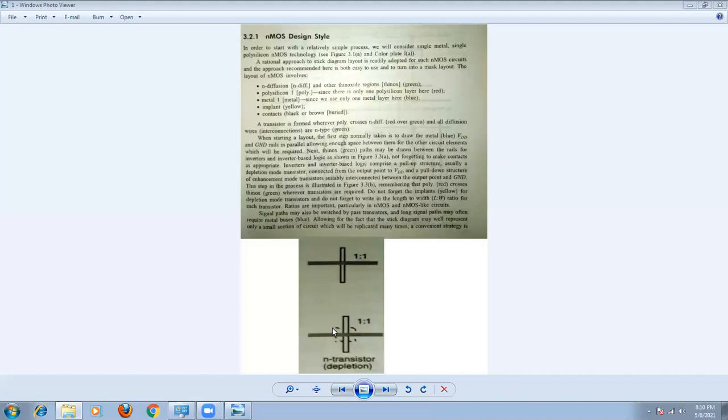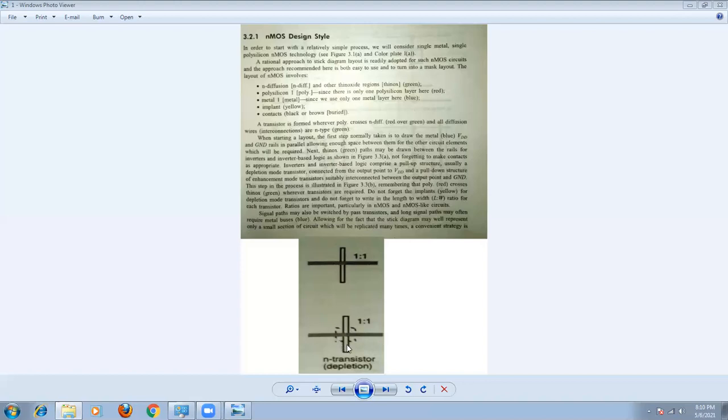This implant is used to identify that the transistor is a depletion mode transistor. We use the implant in NMOS technology only, in the NMOS design style only. Remember, this is the implant because we use the depletion mode transistor only in the NMOS design style.